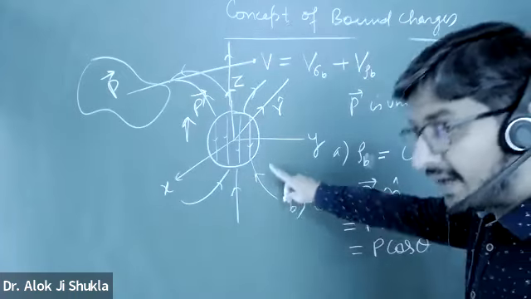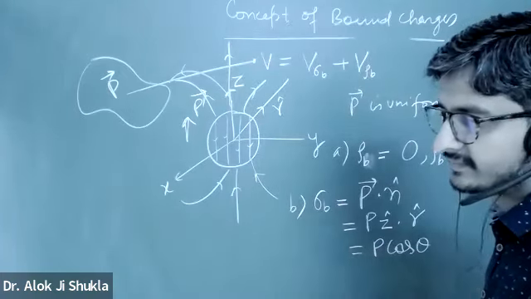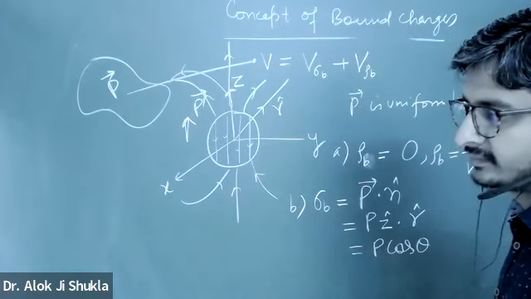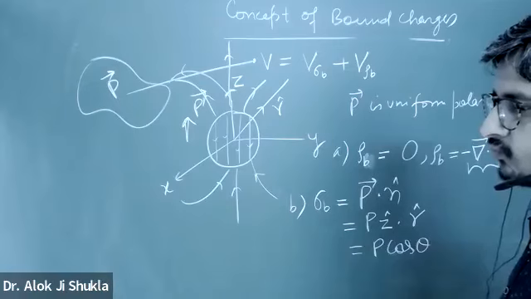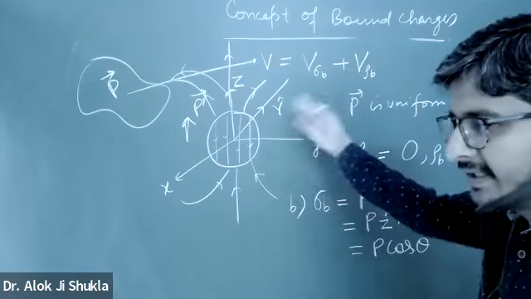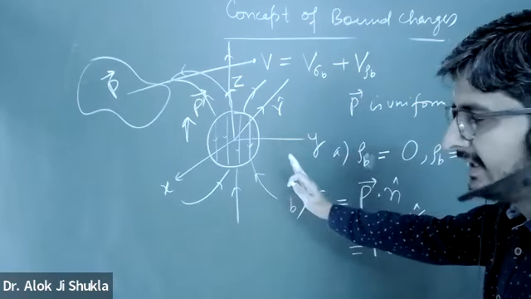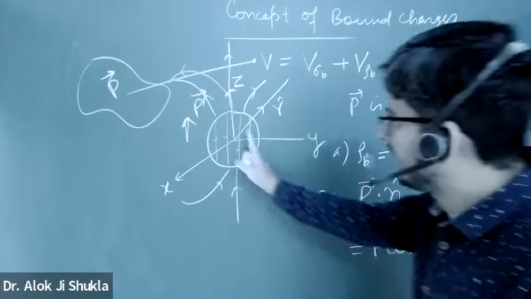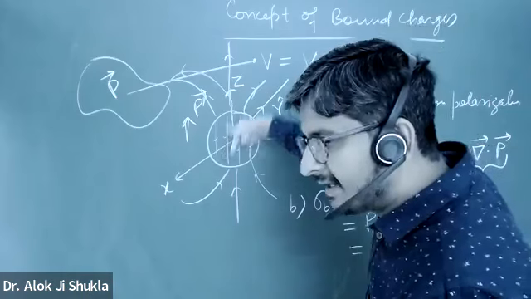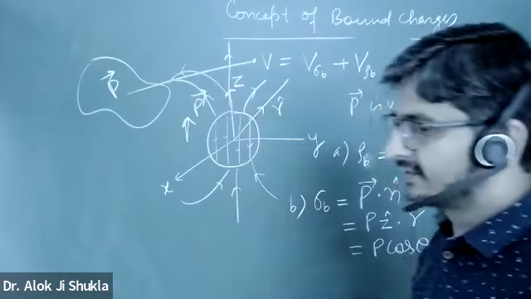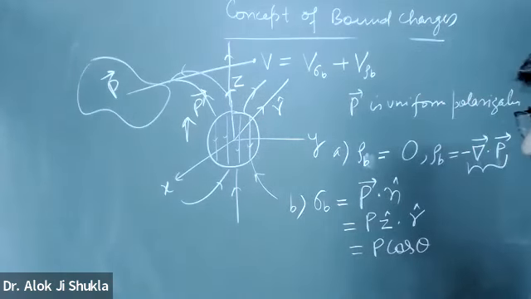This profile has been asked in 5 marks previous year net. So outside it is just like a dipole field, right? Outside there is a dipole and field is outside due to the dipole. But inside the field will be downward. That is very important to understand.